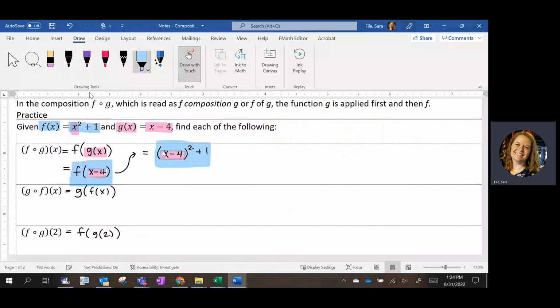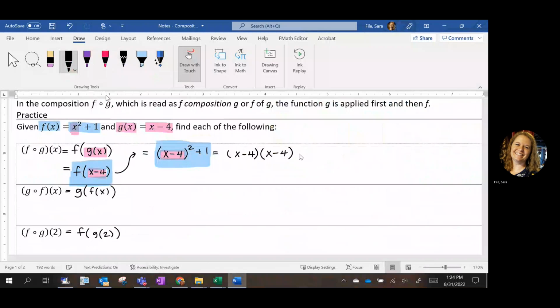I don't know if that helps, but the g is going inside the f function. To simplify this, I would have to do x minus 4 times itself, and then the plus 1.